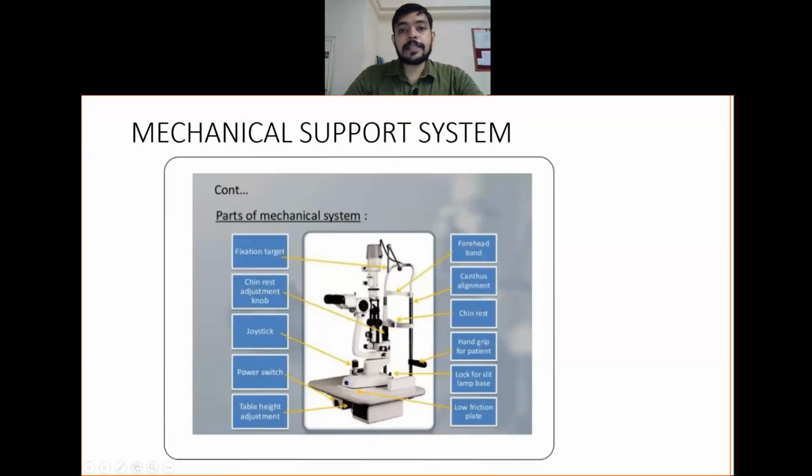Then in the mechanical support system, we'll be having a fixation target, a chin adjustable knob, a chin rest, and a canthus alignment marking which will be over here, mentioned as a dark circle around the tube.